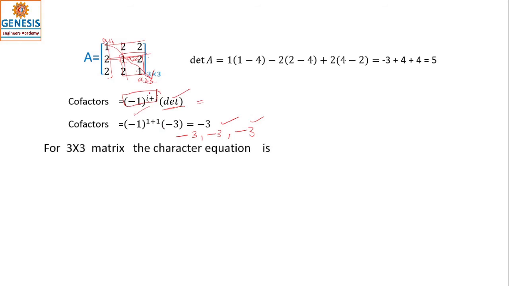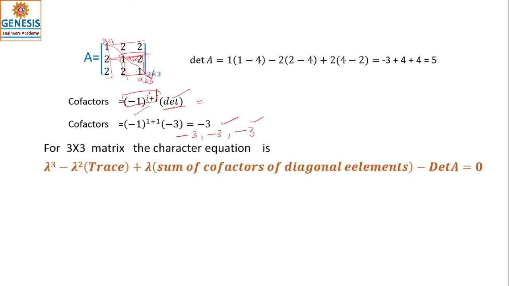So now you can form the equation. For the 3 by 3 matrix, the characteristic equation, as we just discussed, is lambda cube minus lambda square and so on. You have to substitute these values. The trace is 3, the sum of the cofactors of diagonal elements is minus 9, and the determinant we already found is 5.